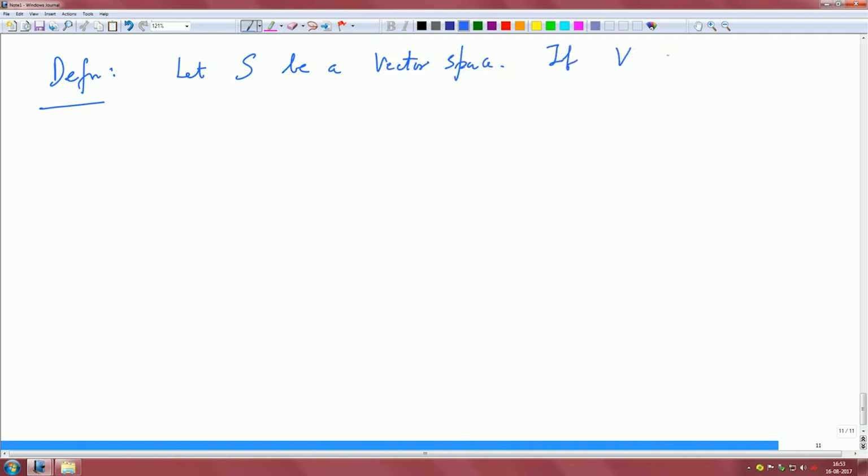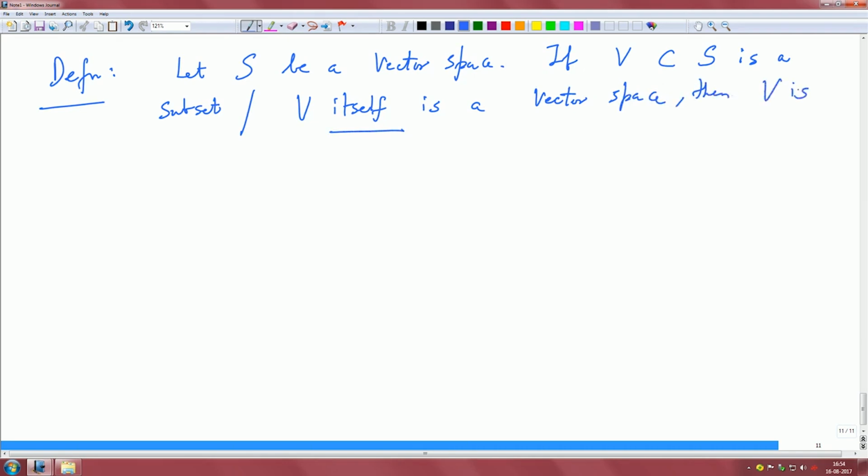If V is a subset of this space such that V itself is a vector space, then V is called a subspace of S, and we will see this through some examples.